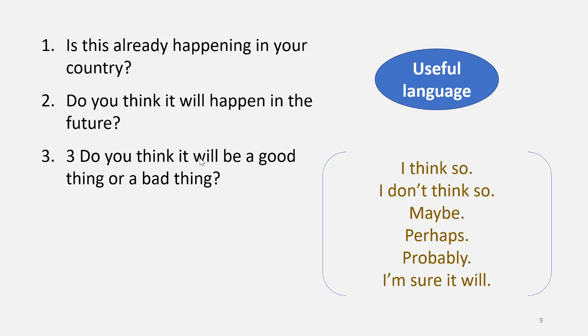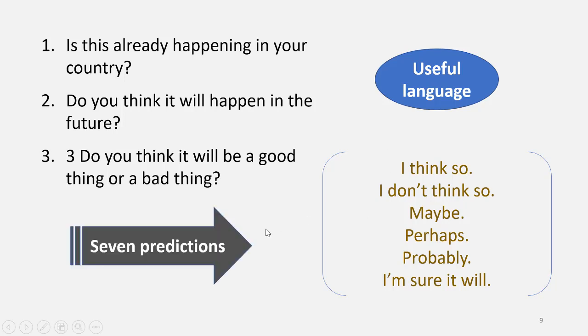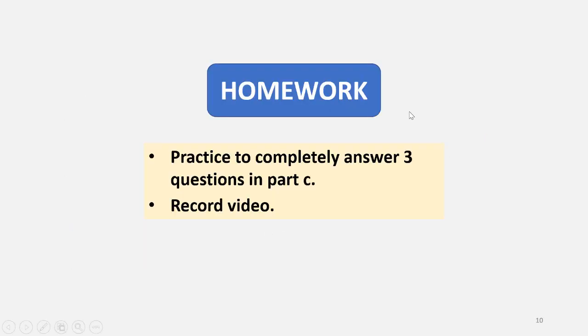So now I want you to take a picture of these 3 questions and these 4 languages, because for the homework you need to practice and complete answering the 3 questions in part, right? Okay, and when you speak fluently, please record videos. Yeah, it is very useful for you to improve your English. If you practice, you talk as much as possible, right?